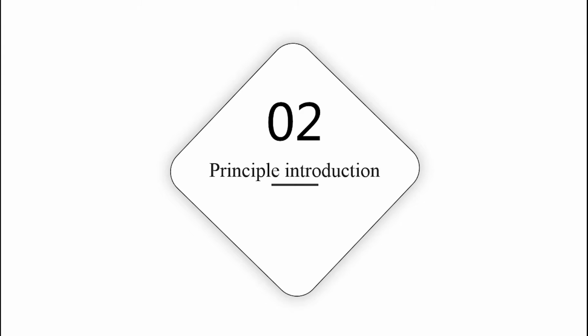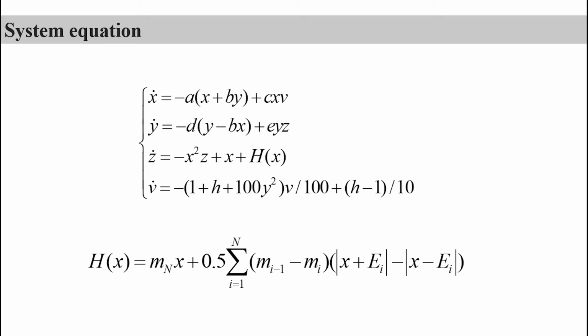A new four-dimensional chaotic system with 11 piecewise linear functions can be expressed as this. Among them, H represents an 11 piecewise linear function, and the piecewise function H(x) is an odd function, which is usually used to generate an even number of multi-scroll attractors.